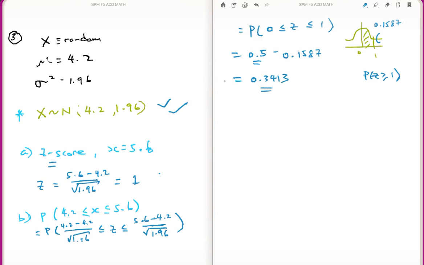Now, last one would be one of those tough questions. Not tough, it's just the reverse of the z-score. They give you the probability and ask how to look for the z-score. So question number 4.